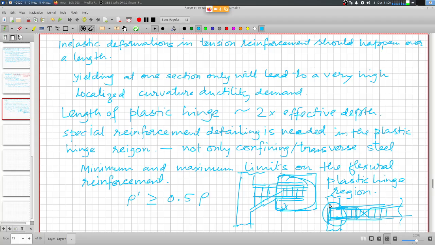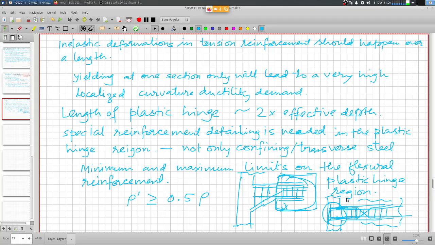We can never allow any compromise on the strength of this beam column junction, and therefore we provide these additional reinforcing details such that the plastic hinge begins to develop a distance away, typically one effective depth away from the beam column face.